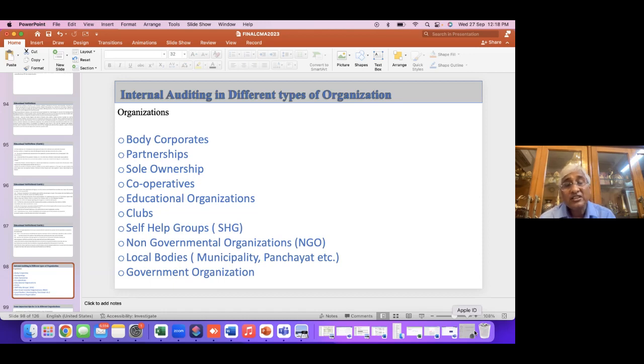An educational organization may be for graduation, undergraduation, specific courses like IITs, or medical institutions, medical colleges. So again, within the organization structure, there may be different organization management structures. Now, all these actually influence the type of audit.